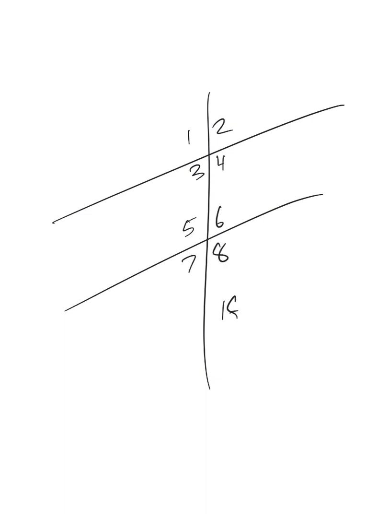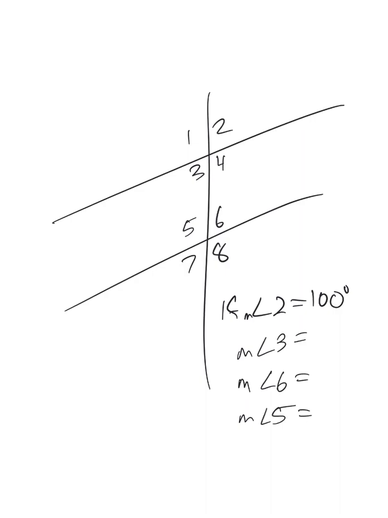So if the measure of angle 2 is equal to 100 degrees, tell me the measure of angle 3, the measure of angle 6, and the measure of angle 5, please. Okay, so angle 2 is 100 degrees. So that means angle 3 must be 100 degrees.